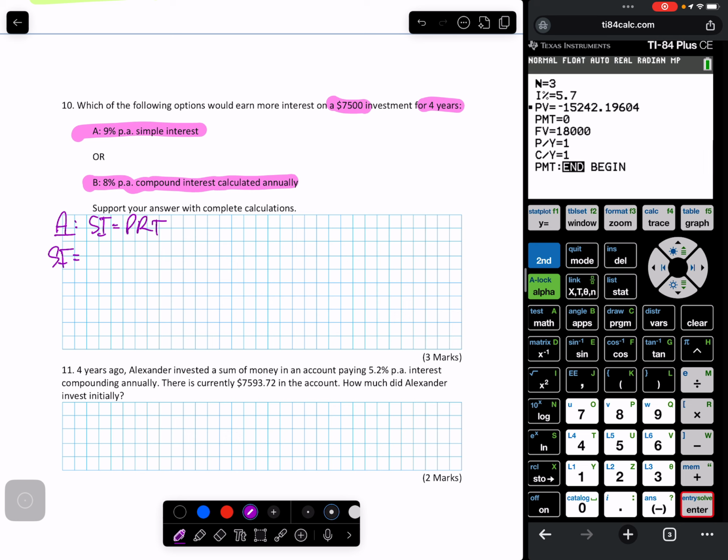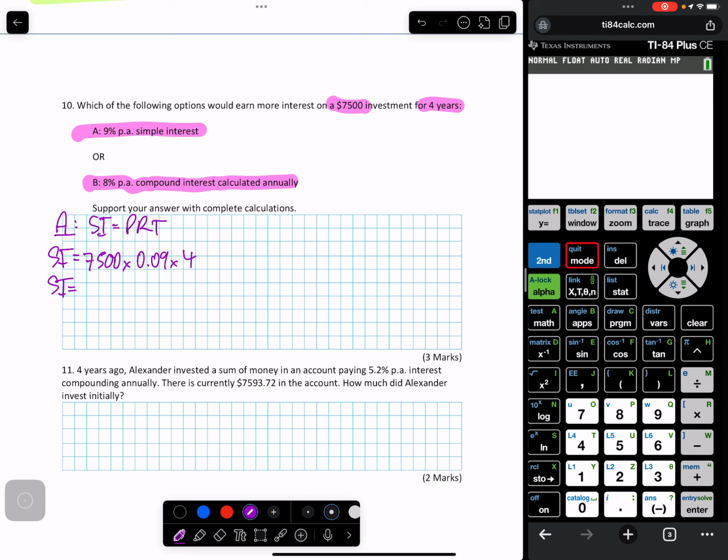SI is going to be the 7,500 investment times by the rate, which was 0.09, times by 4. I'm just going to use this calculator, 7,500 times by 0.09 times by 4. $2,700 in interest.